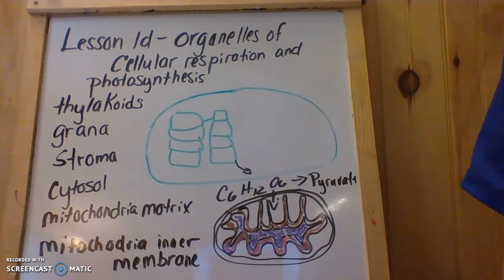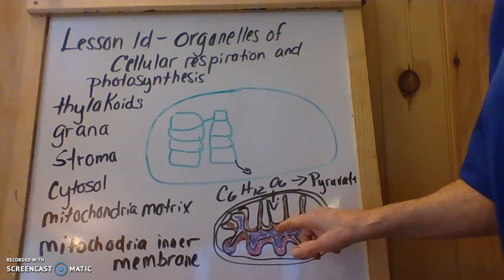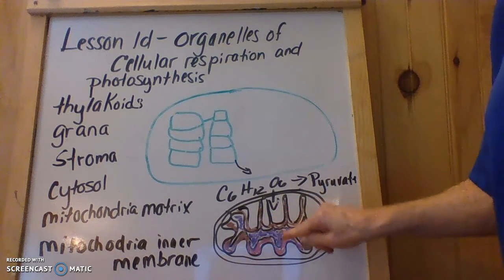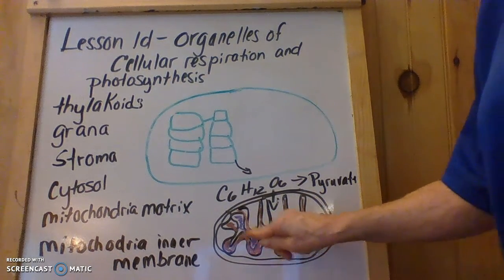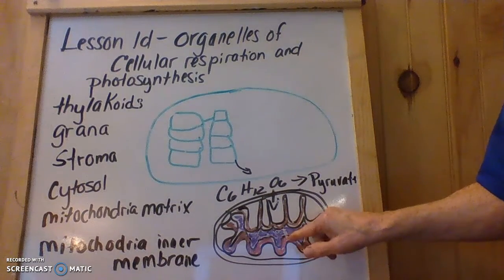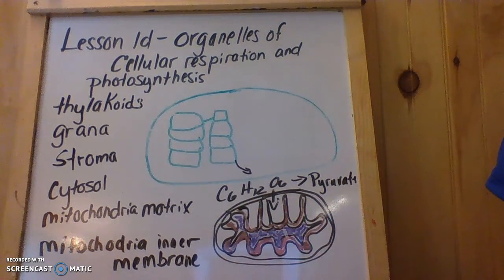And very few ATPs are created during that Krebs cycle, generally around 2. And then the electrons that are being pulled off from that Krebs cycle flow into the inner membrane of the mitochondria, and that electron transport system is where that happens, and that generates almost all of the ATPs.